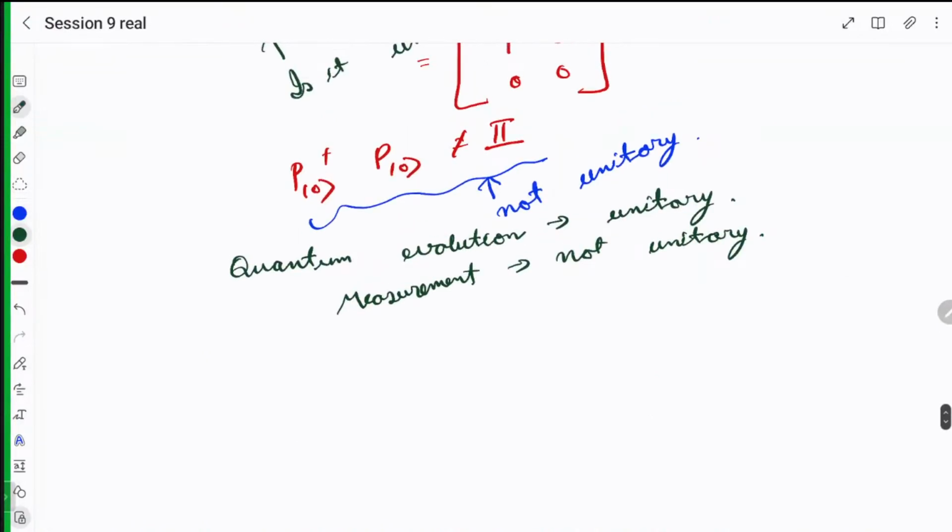But does it not violate the postulate that quantum evolution should be unitary? Any ideas?